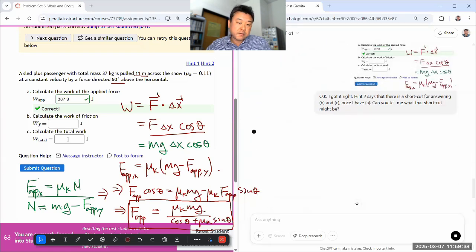That shortcut relies on the fact that C is actually 0, by the work-kinetic energy theorem. And once you know that, then you automatically know that work done by friction must exactly balance out work done by the applied force. That should be ChatGPT's answer. Let's see if it gives you that answer.